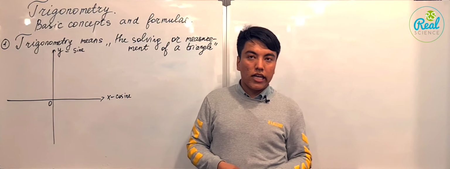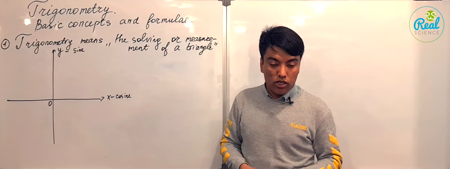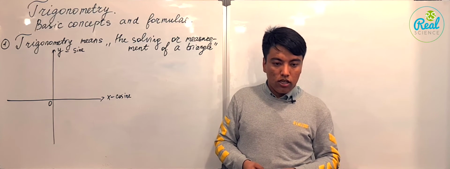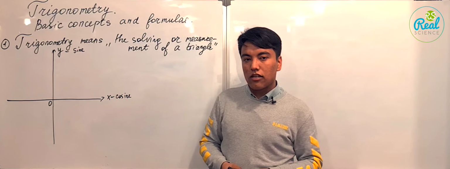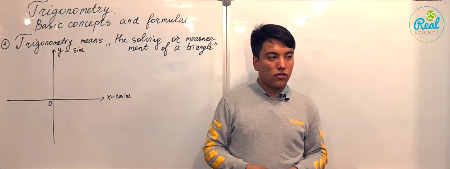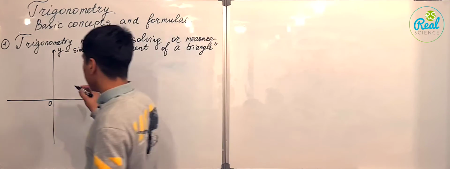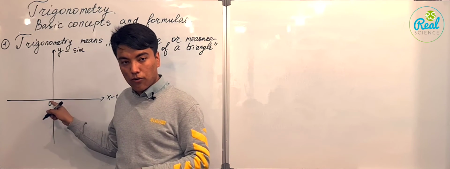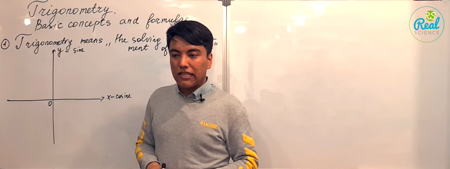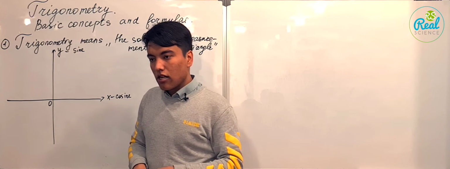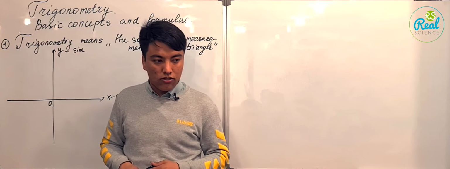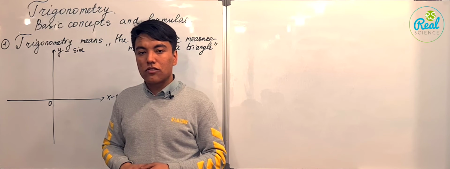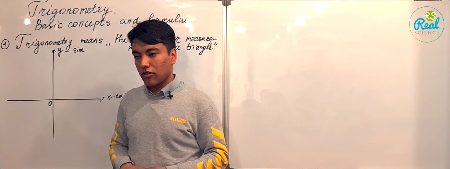But to find values of sine and cosine in degrees, we must use the unit circle. Unit circle means the radius is 1 in this circle. Okay, let's draw this circle. And the center must be 0, 0. The origin must be the center of the unit circle. Why do we need the unit circle? Because for finding values of sine and cosine, we need this circle.